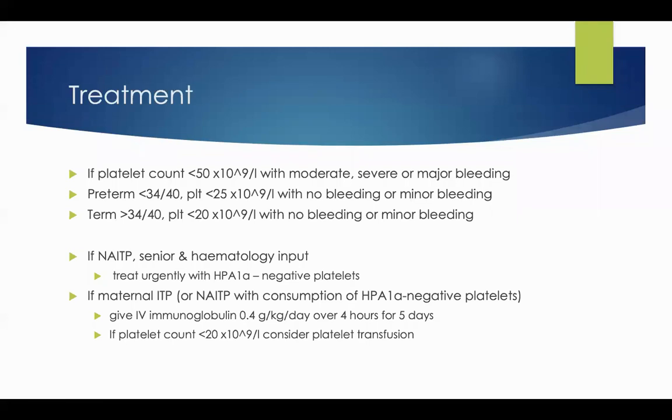If there are concerns about neonatal alloimmune thrombocytopenia, then you should always seek senior and hematology input, and this would definitely be necessary before you treat with HPA-1a negative platelets.